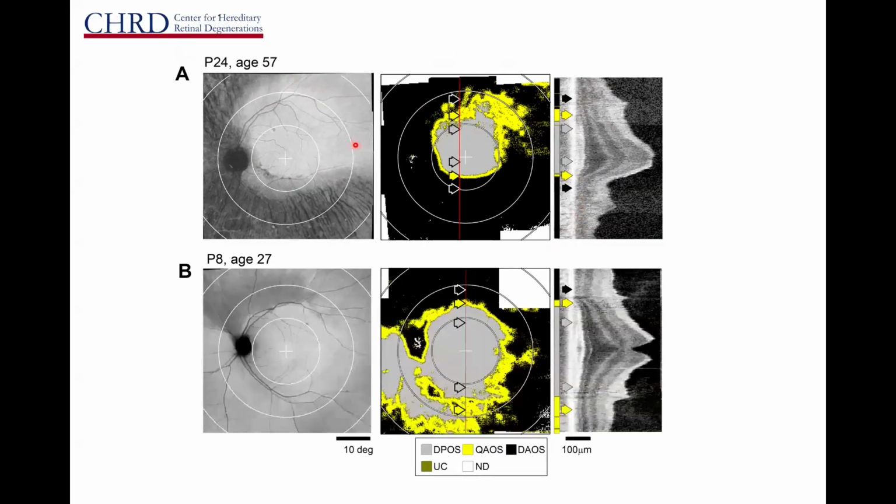Here's another example, switches the retina vertically upside down in this case, where the greater disease is in the superior area and less disease is in the inferior area. And again, the outer segment maps show some correspondence with the autofluorescence in some directions and less correspondence in other directions where there is a homogeneous retention of RPE, but loss of outer segments.